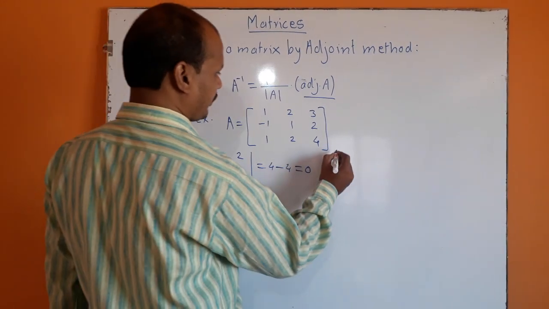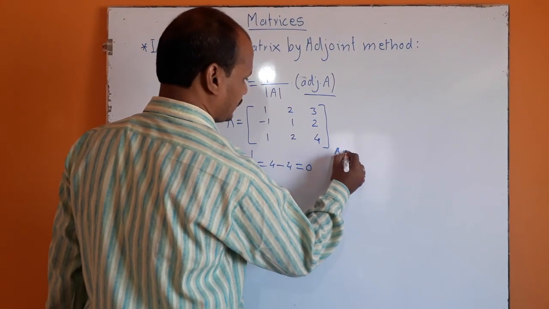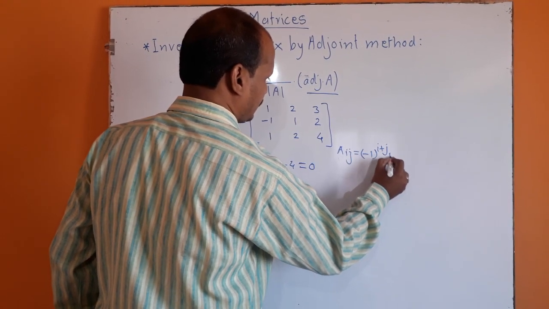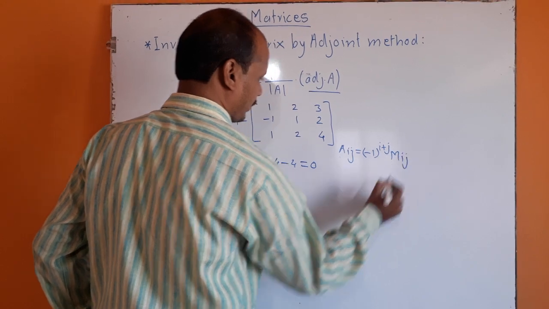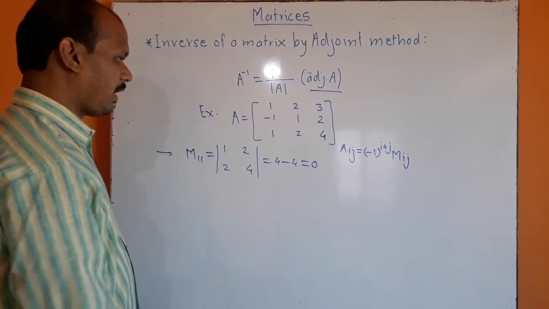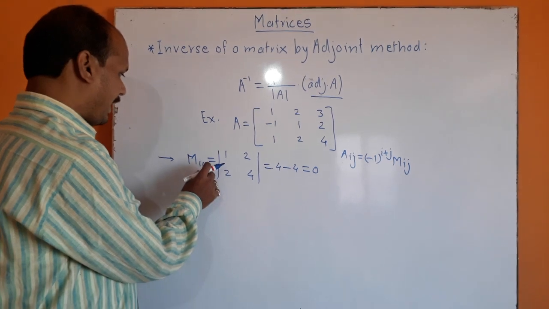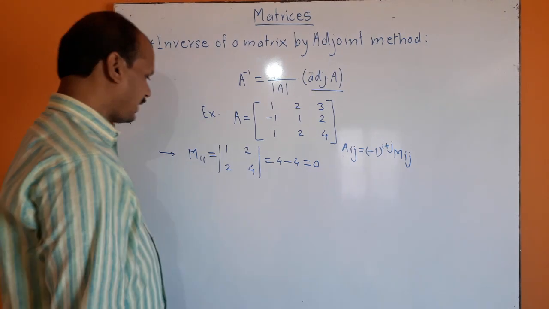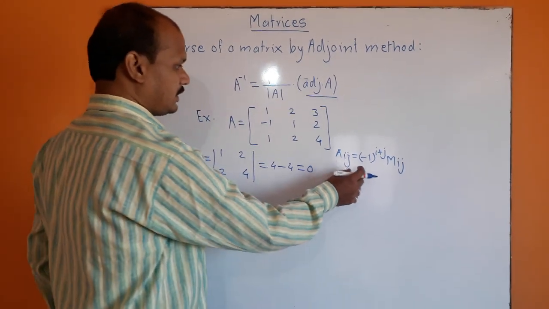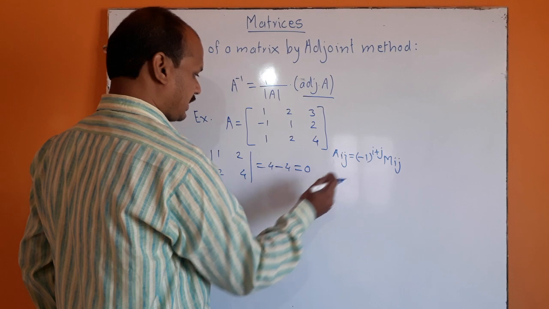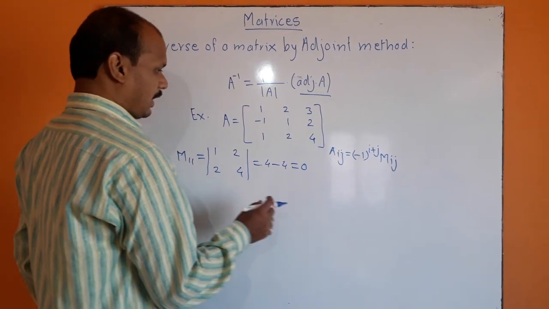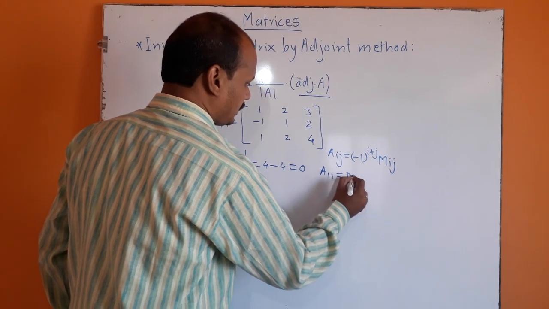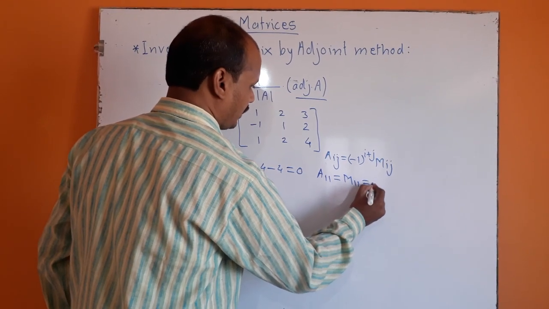Cofactors are given by Aij = (minus 1) raised to i plus j into Mij. So if the sum of i and j is even, then Aij equals Mij, and if the sum of i and j is odd, then Aij equals minus Mij. Here for M11, 1 plus 1 is 2, even, so A11 equals M11 equals 0.